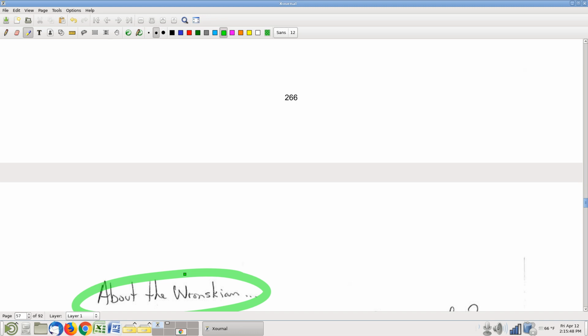The Wronskian applied only to functions. That's it. If you have a list of functions of certain regularity, you need them to be n times differentiable or n minus 1 times differentiable. If you have a list of functions, then you can go through a very narrow process.